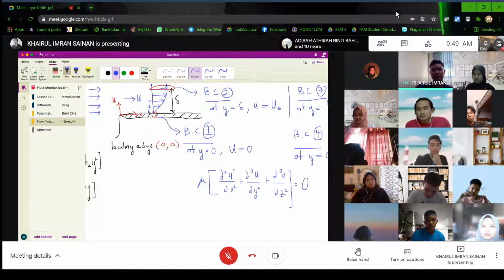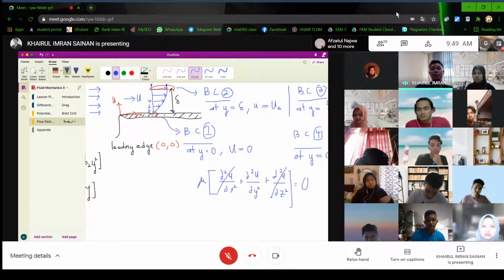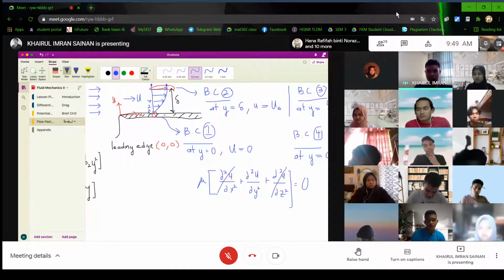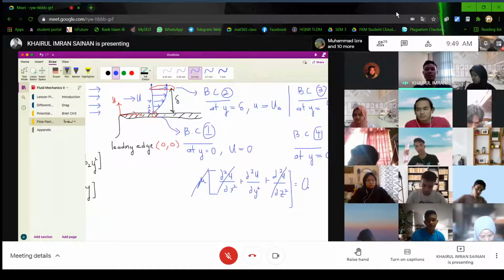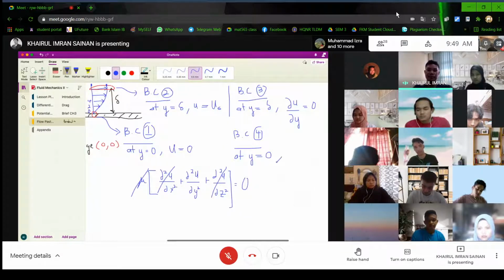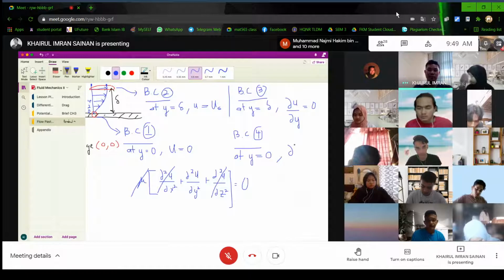So we ignore this one, it does not relate at all to our problem. What we need to concern is this. In this position there is nothing. So this is our equation: del squared u over del y squared is actually 0. So that is BC number 4.